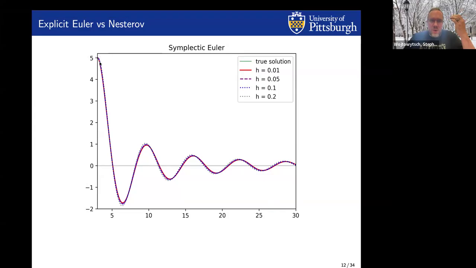So we release the ball, it starts rolling towards the minimizer at 0, but it has too much velocity, so it overshoots. And then at some point it rolls back, and we've got these oscillations which have asymptotically always the same frequency, but decaying amplitude. So this is Polyak's heavy ball method.